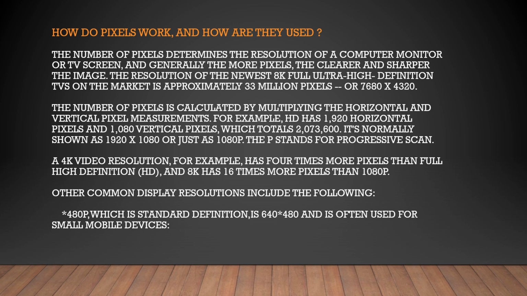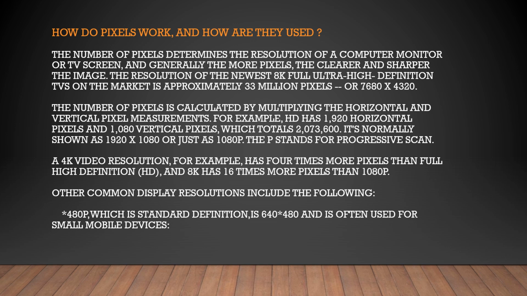For example, HD has 1920 horizontal pixels and 1080 vertical pixels, which totals 2,073,600. It's normally shown as 1920 into 1080 or just as 1080p.